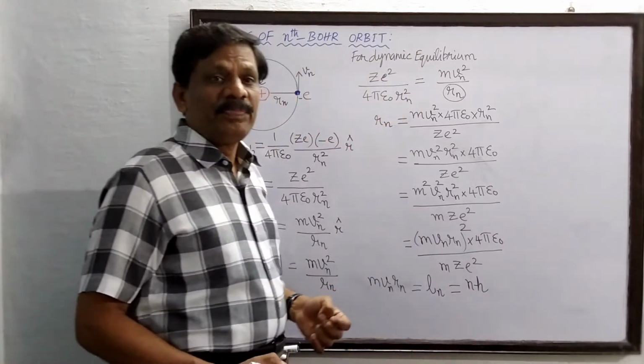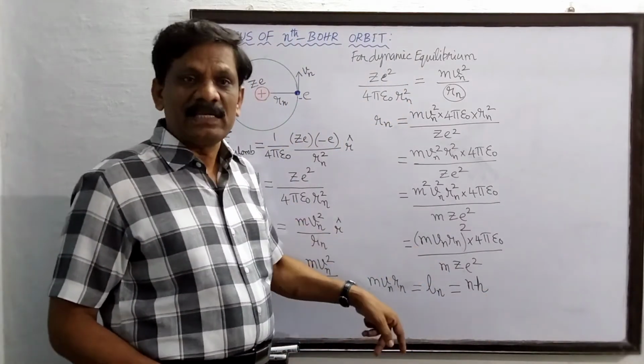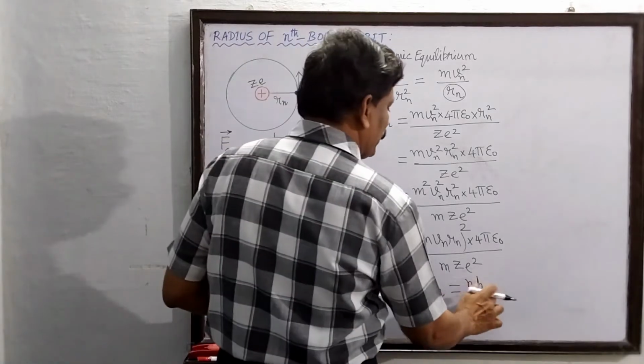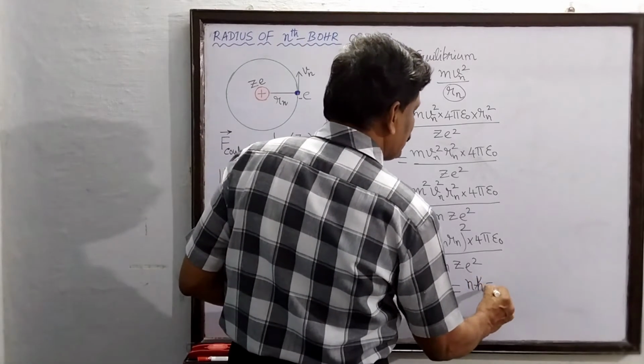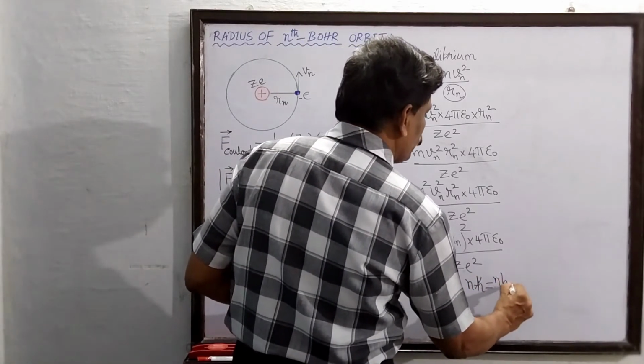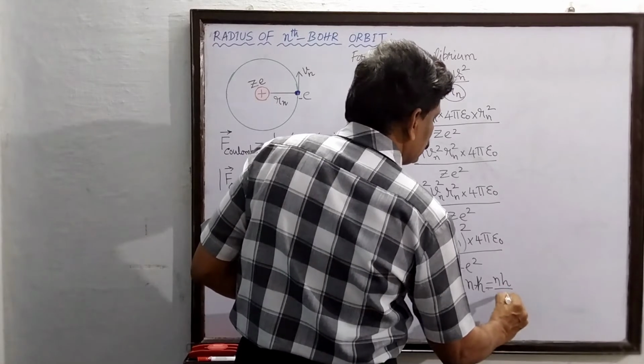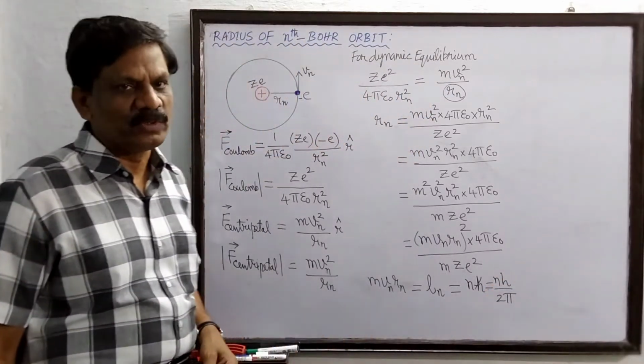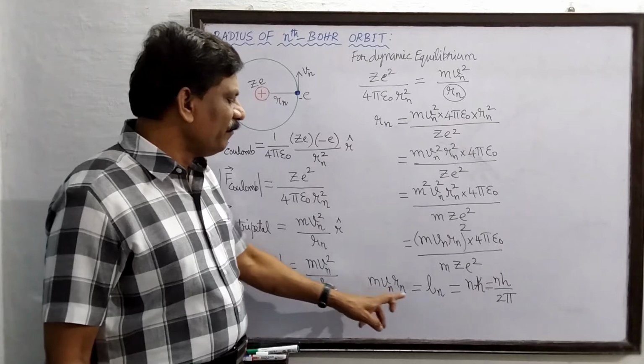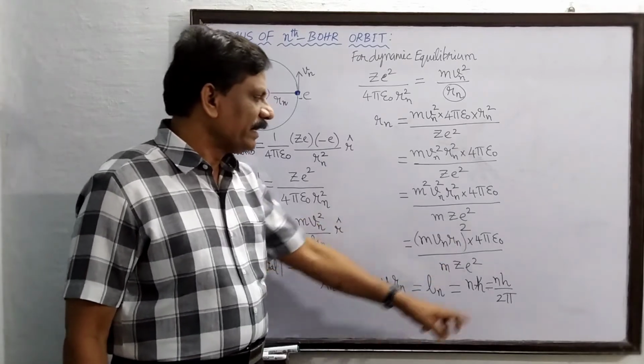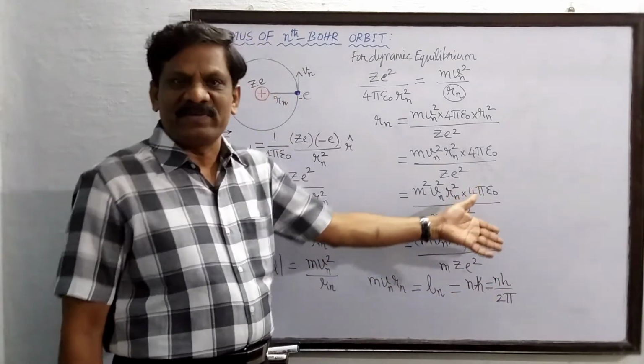We have already studied that, nh cross also. So this can also be written as nh cross, equal to nh by 2 pi. So this is Bohr's postulate. So instead of (mvr) the whole square, I can write (nh by 2 pi) the whole square.